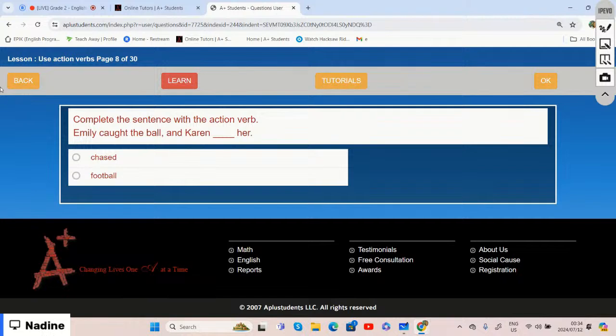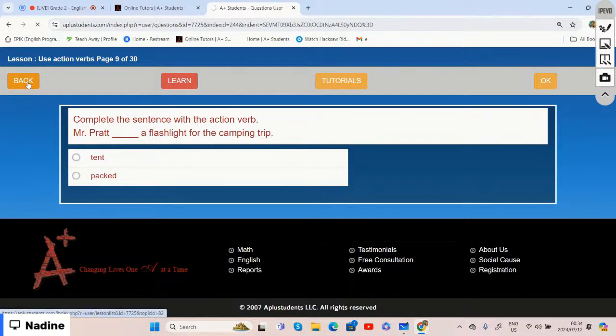What did Karen do? And if we were to choose the correct one, we can say Emily caught the ball and Karen chased her. And chased is our action verb that tells us what Karen did.